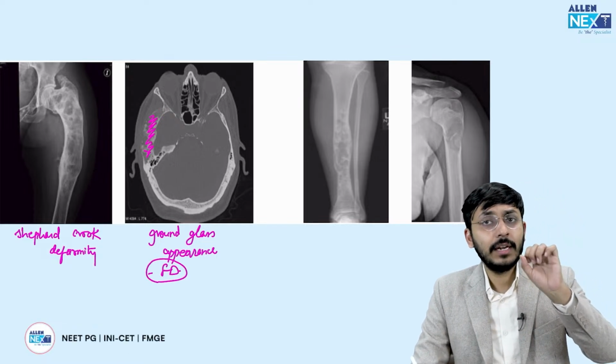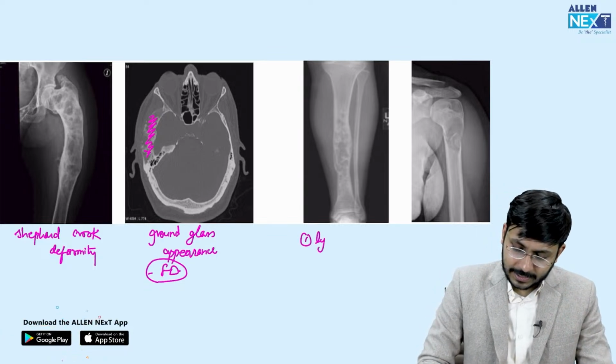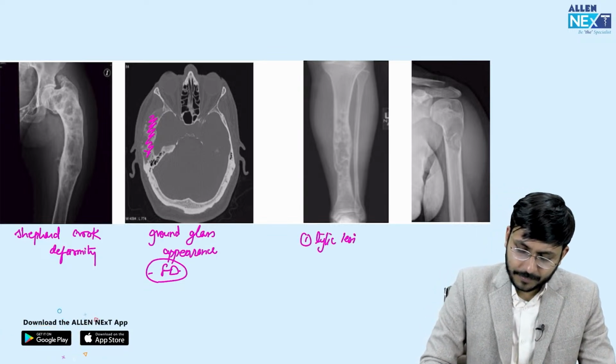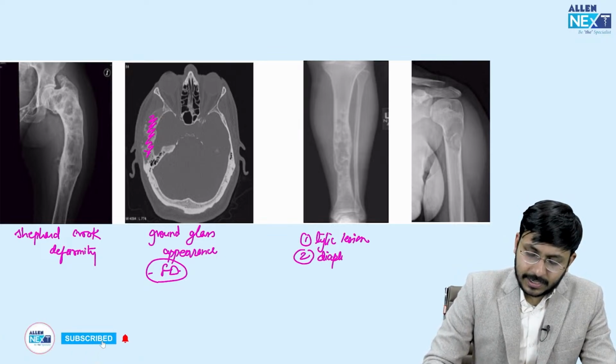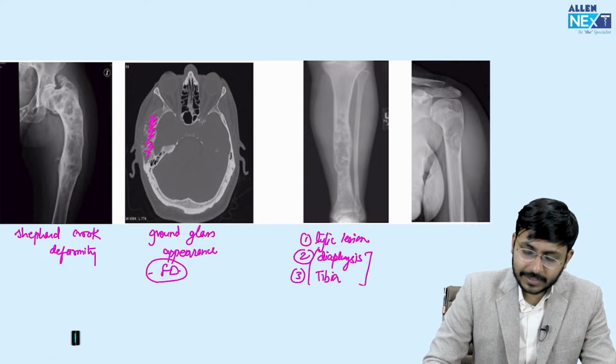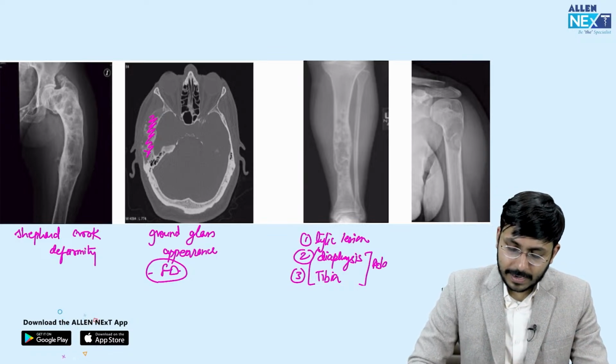Now if you are given a lytic lesion in a diaphysis and the bone involved is tibia, so a tibial diaphysis lytic lesion, one differential only, adamantinoma.